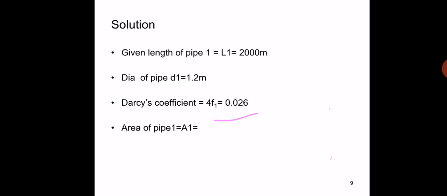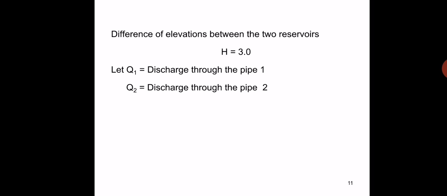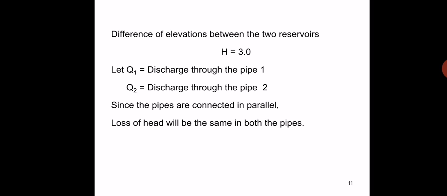From that you can get the A1 value. He has given that the difference of elevations between the two reservoirs is H equal to 3 meters. Let Q1 be the discharge through pipe 1 and Q2 the discharge through pipe 2. Since the pipes are connected in parallel, the basic condition is that the loss of head will be the same in both pipes.